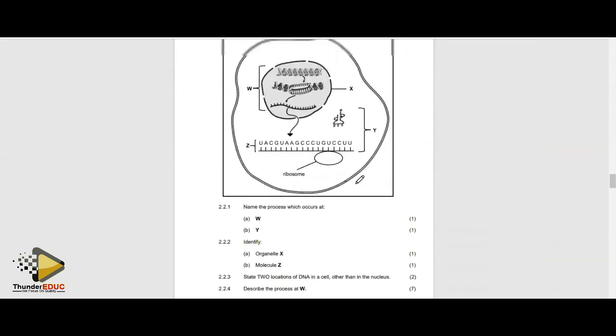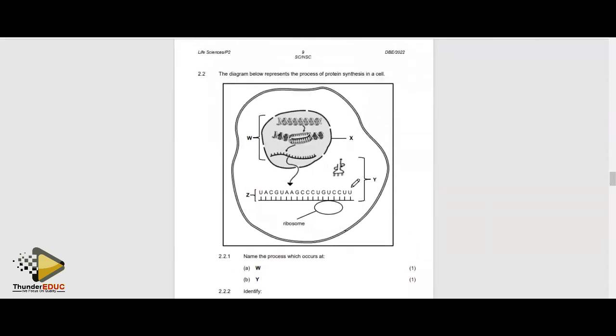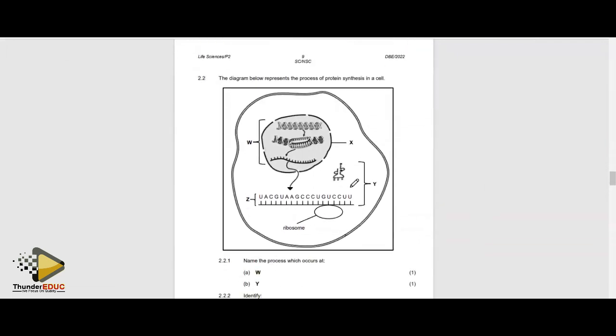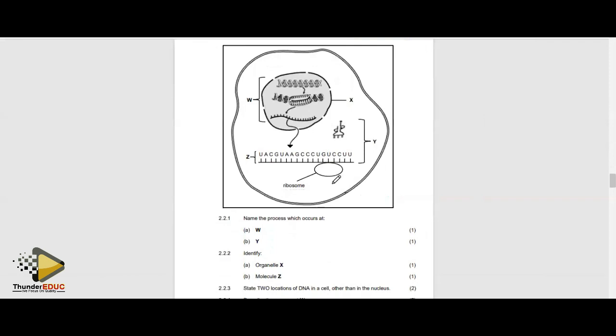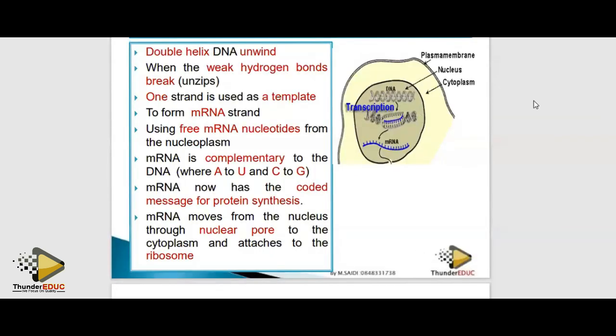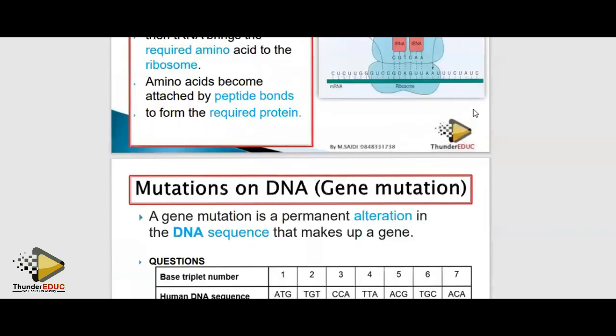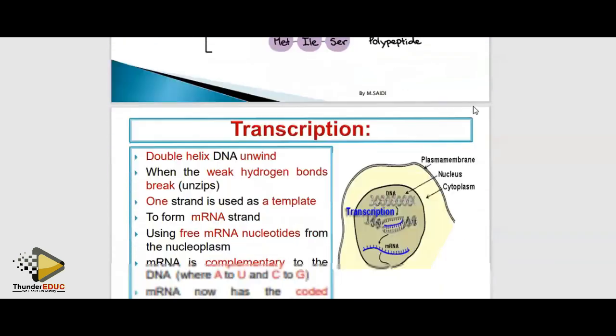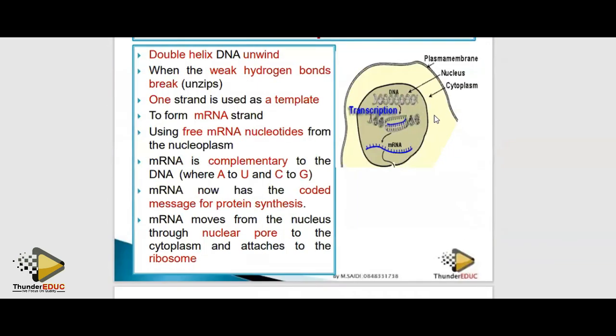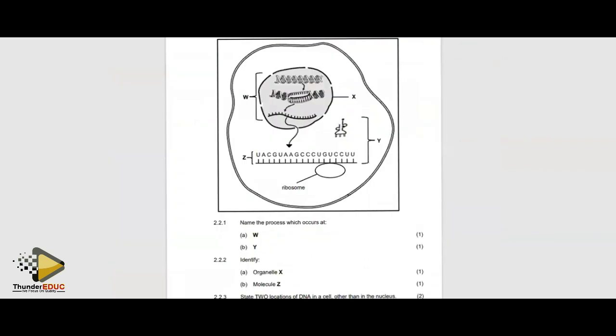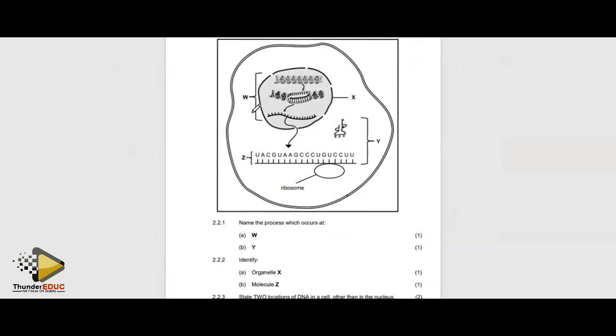The next question is about DNA. This DNA is basically under protein synthesis. Can our book answer this question? Let's go there and see. Yeah, the question is there. They're saying: name the process that occurs at W. This is what they're looking for.